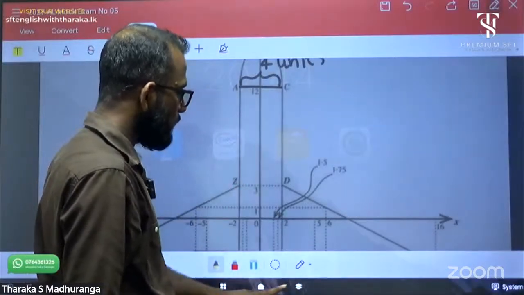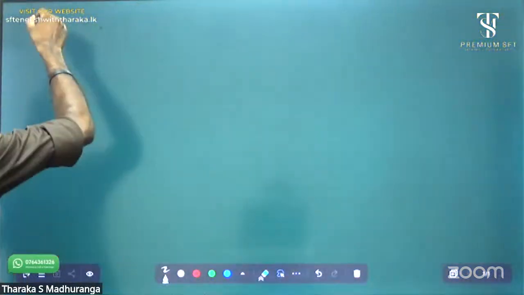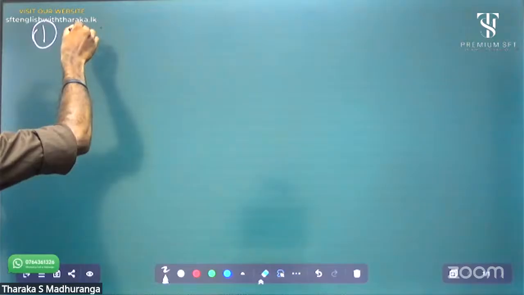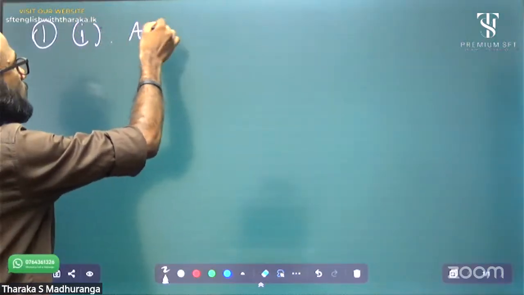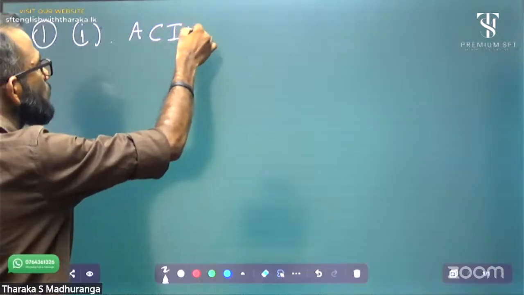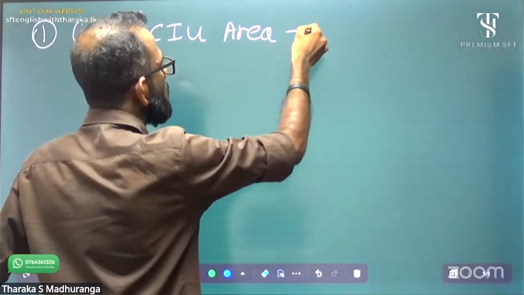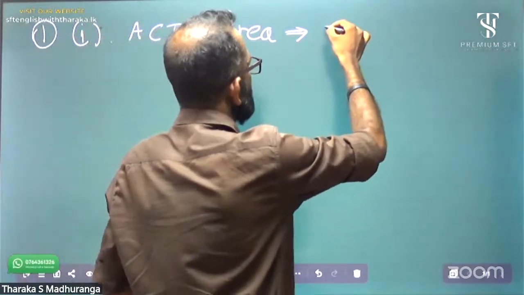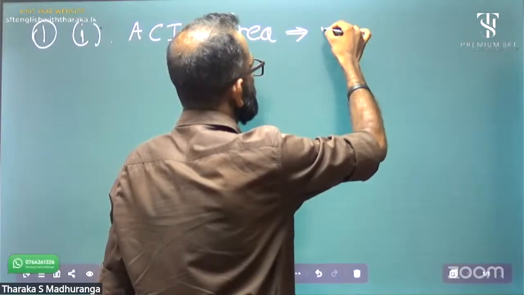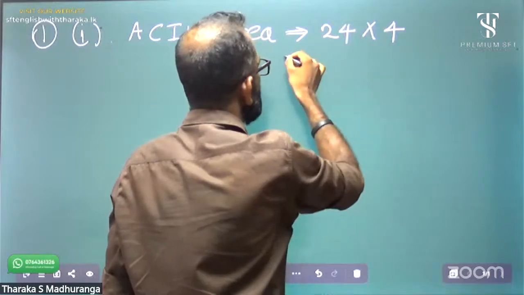Then for the first part, question number 1, part 1, ACIU area, it is a rectangle, then it is 24 as height times width 4.